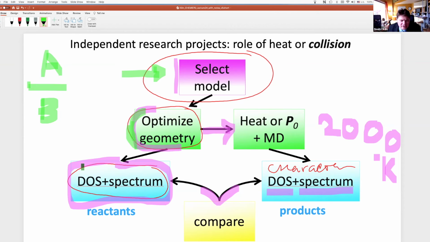Now, process and characterize your model by making density of states and spectrum for optimized geometry. And if you got training in chemistry, then these two steps can be identified as synthesis and characterization.